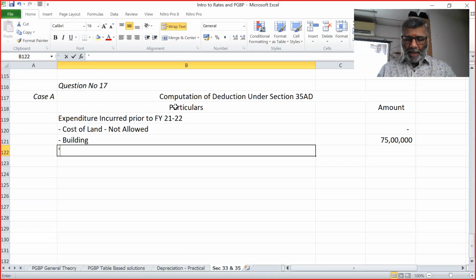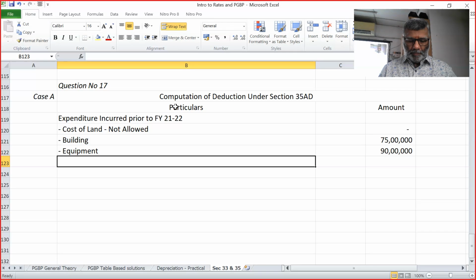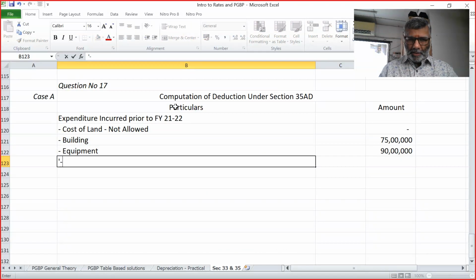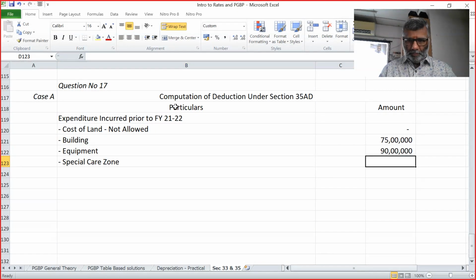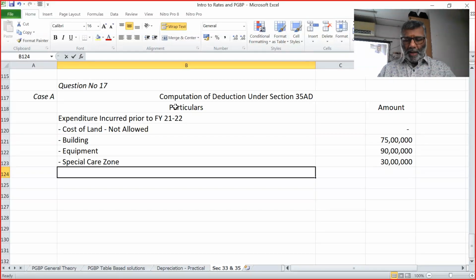equipment 90 lakhs, special care zone 30 lakhs, goodwill 10 lakhs, goodwill not allowed.